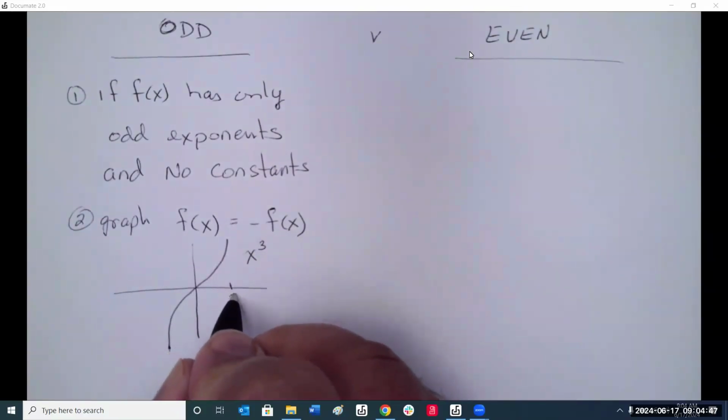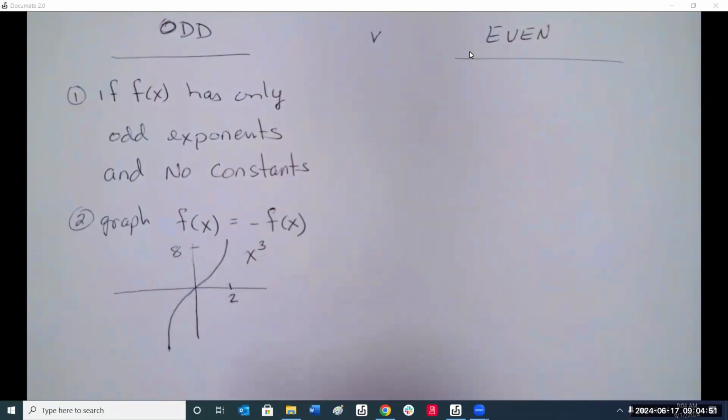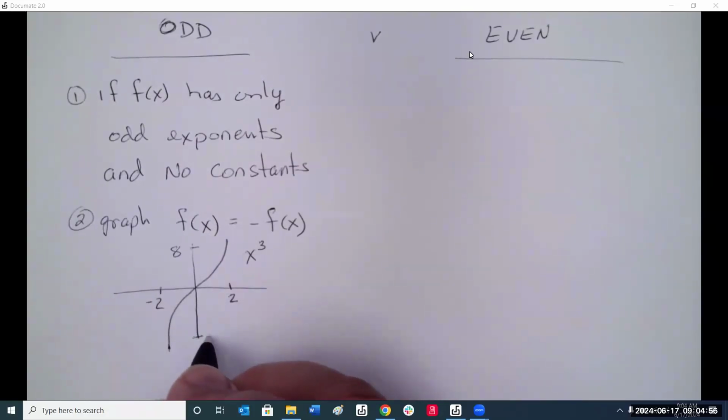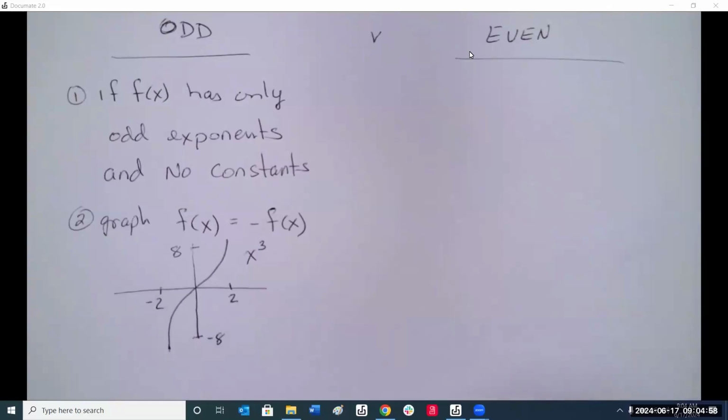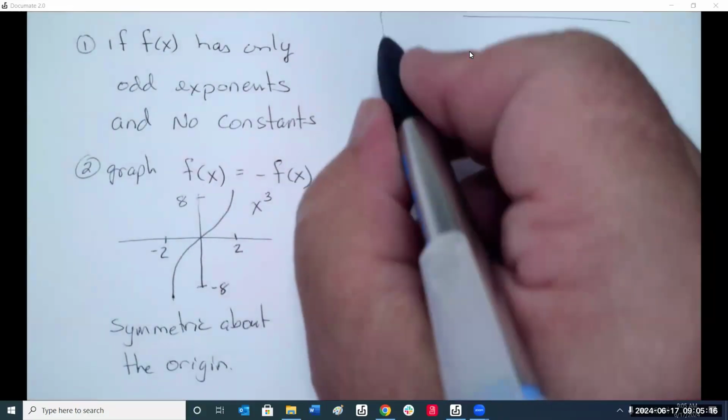When x is 2, y is 8. When x is negative 2, y is negative 8. So it's symmetric about the origin. That's for an odd function.